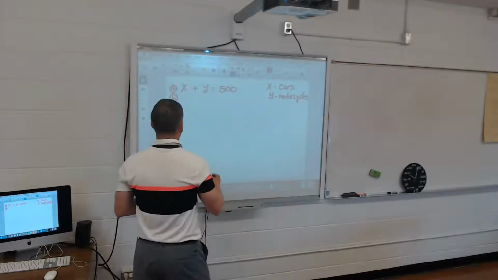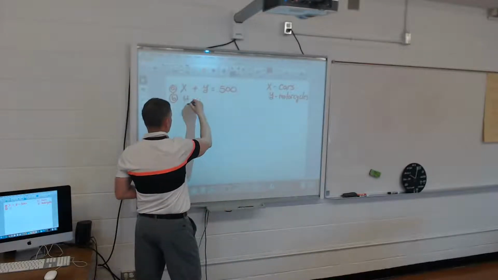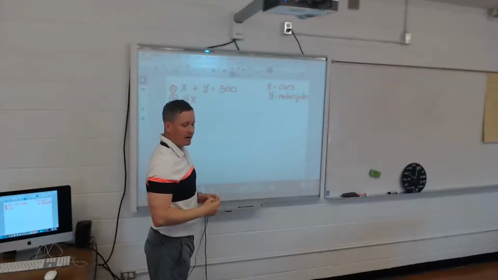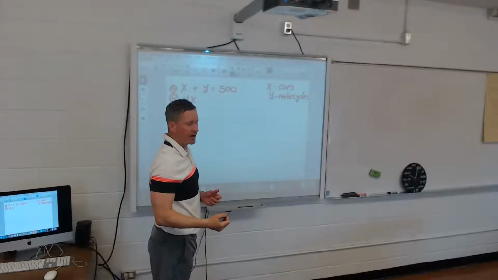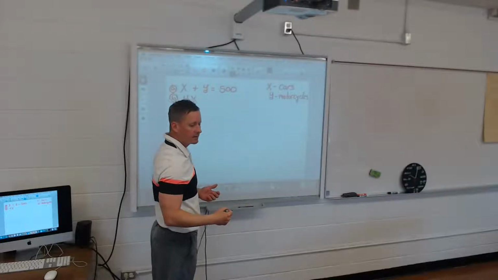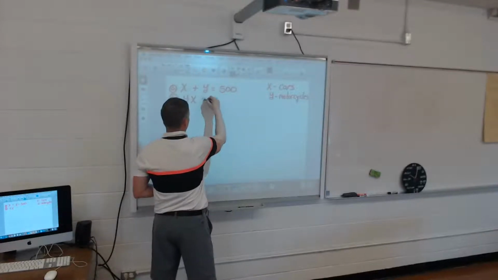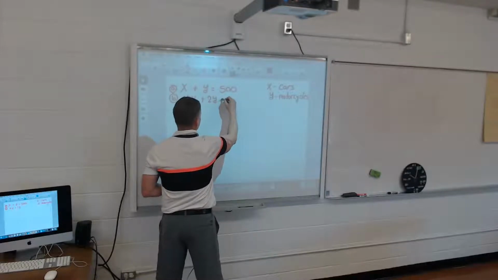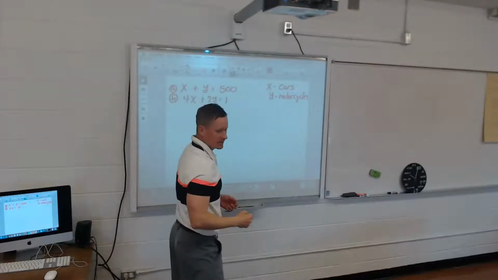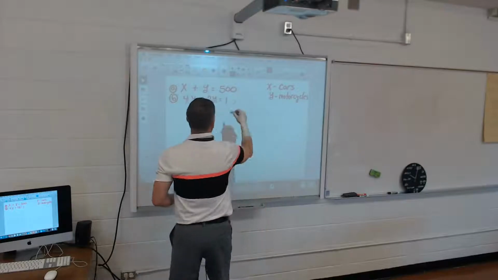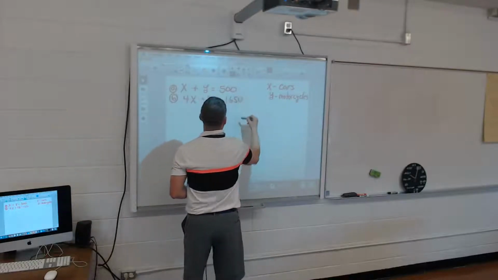So I take the number of tires on each vehicle times the number of vehicles, and that tells me how many tires I have, right? So if I have 100 cars, I have 400 tires, correct? And then I add 2y, and that equals 1650.